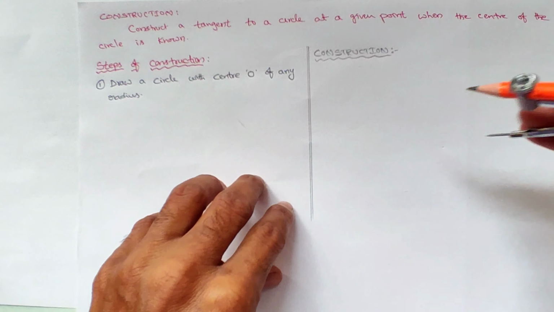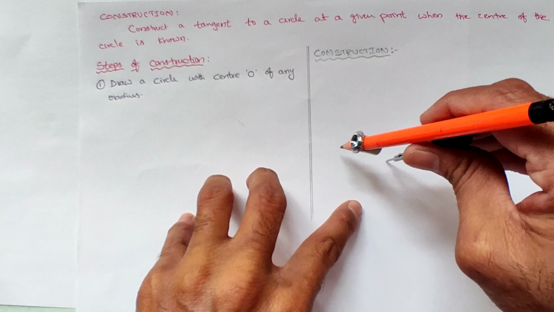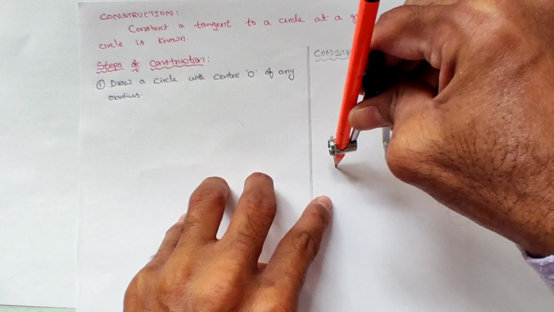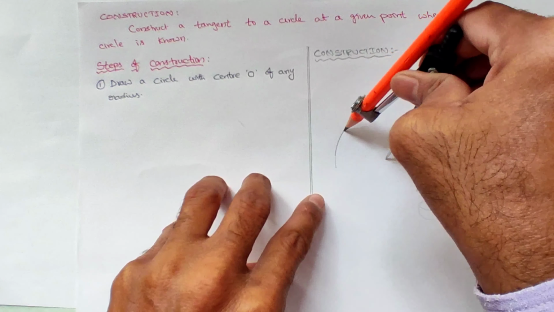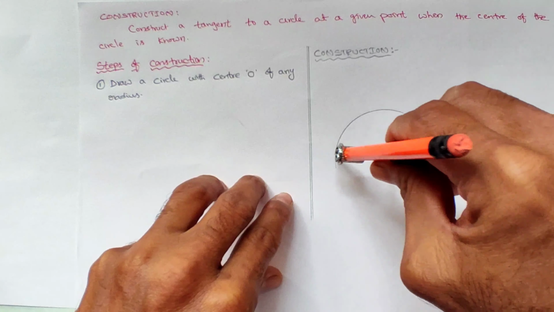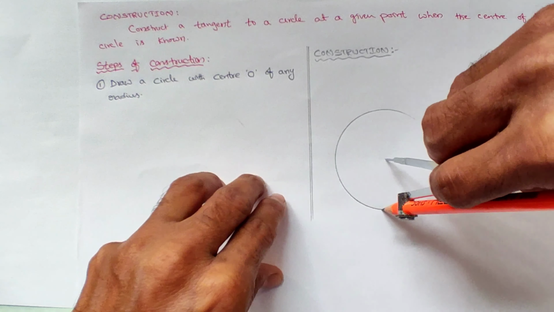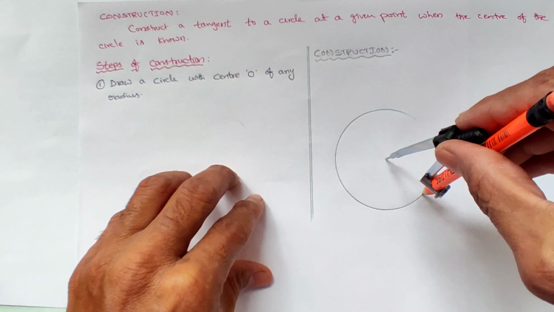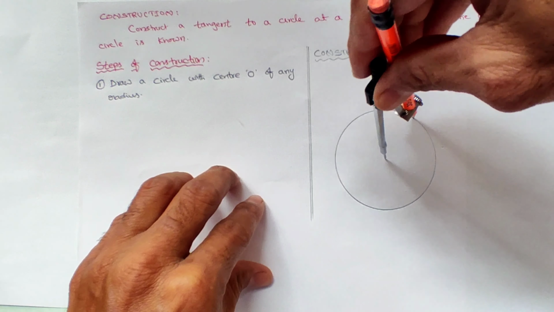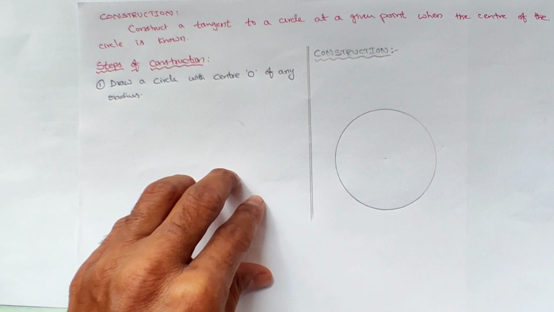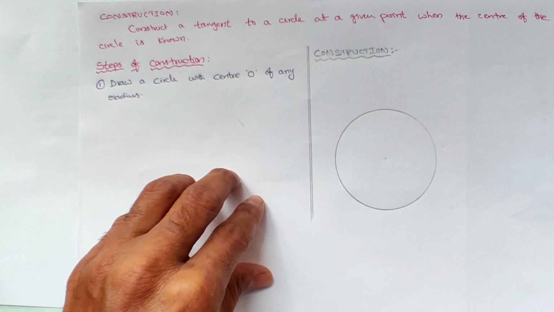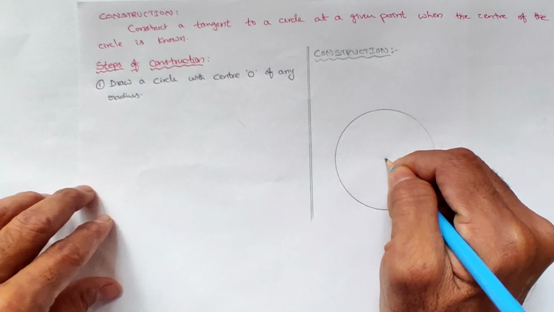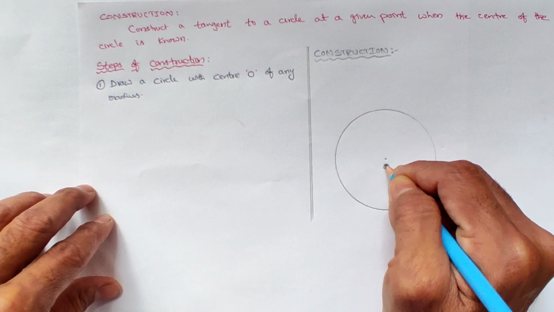Here, the circle is done. Let us consider this center as O.